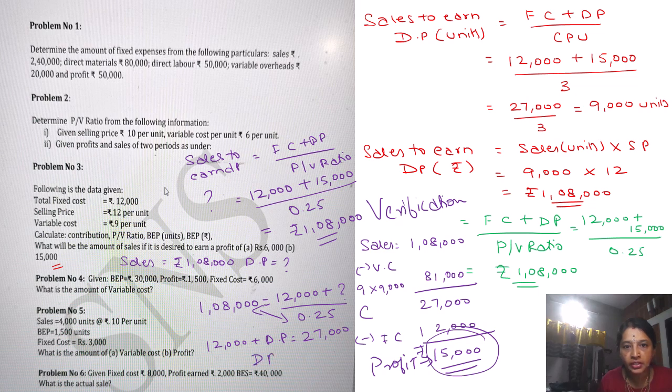Desired profit is equal to 27,000 minus 12,000, which is 15,000. So either way around, if sales is given, you will find out desired profit. If desired profit is given, you can find out sales. Depending on the information given in the question and what they have asked, you can find out sales and desired profit.